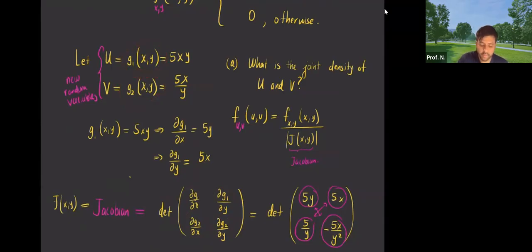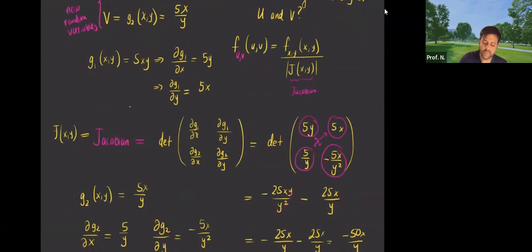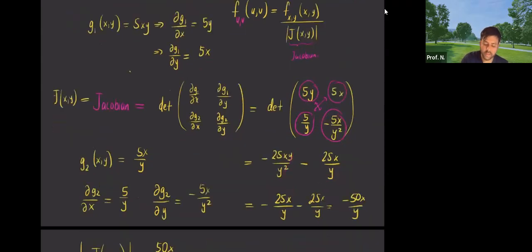We just take the derivative with respect to a particular variable, and then we do the determinant, which you can think of as a cross multiplication of the entries, and you subtract those products.